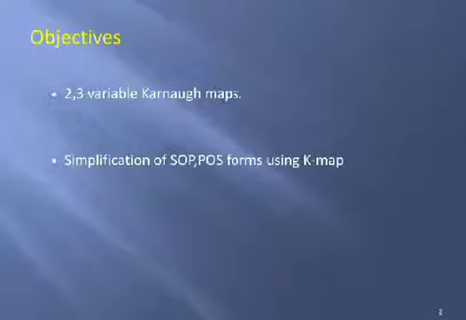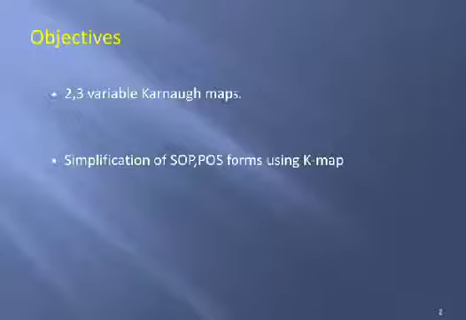If the number of input variables becomes more and more, then with the help of Boolean laws and De Morgan's laws, we can minimize the SOP and POS forms only up to certain input variables, like 2 or 3 or a maximum of 4 variables.